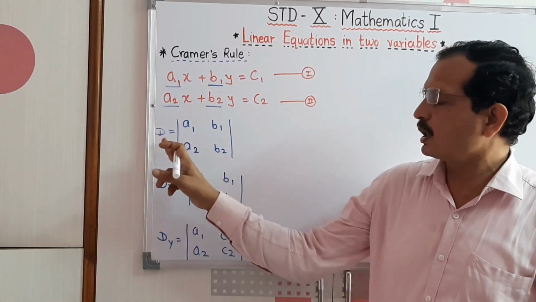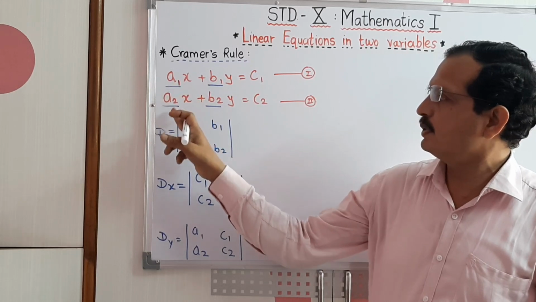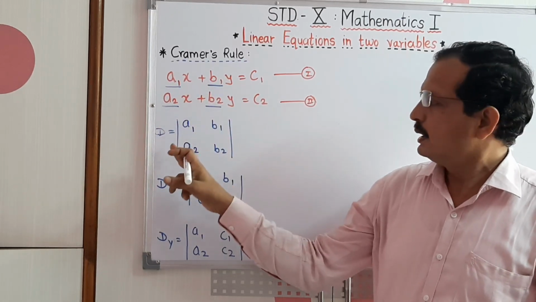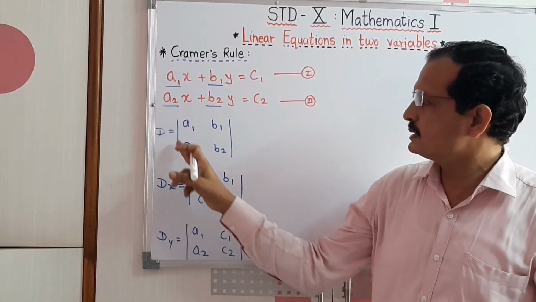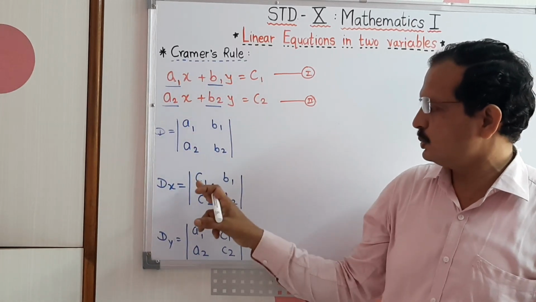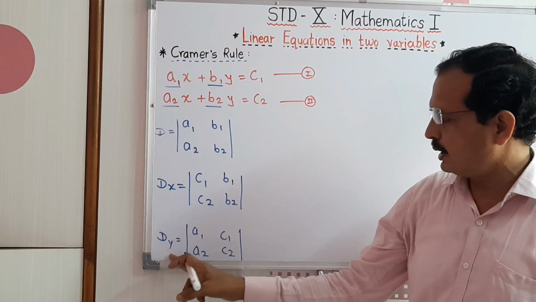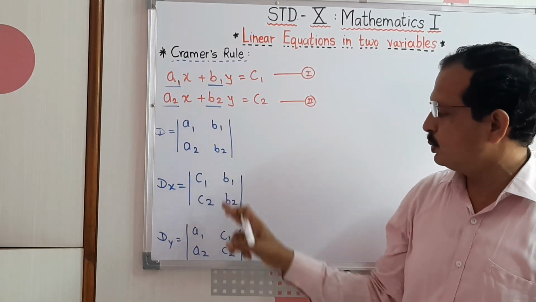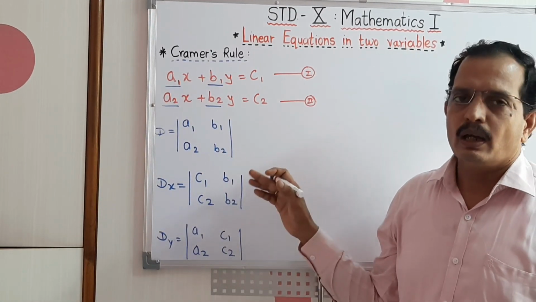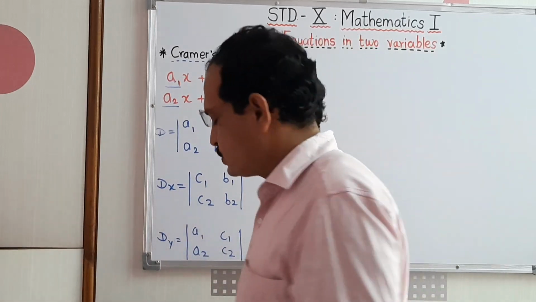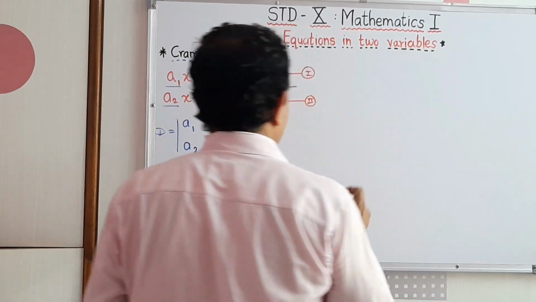For D we write a1 a2 b1 b2. Then Dx, replace a1 a2 with c1 c2, therefore c1 c2 and b1 b2. And for Dy, replace b1 b2 with c1 c2. We have to find out the values of these determinants.